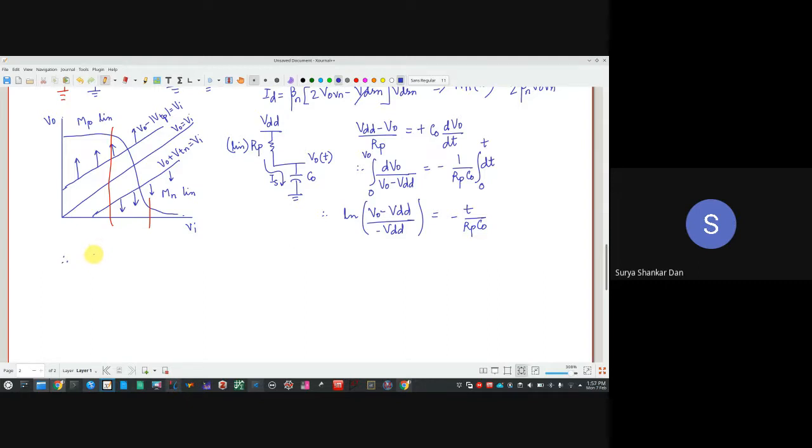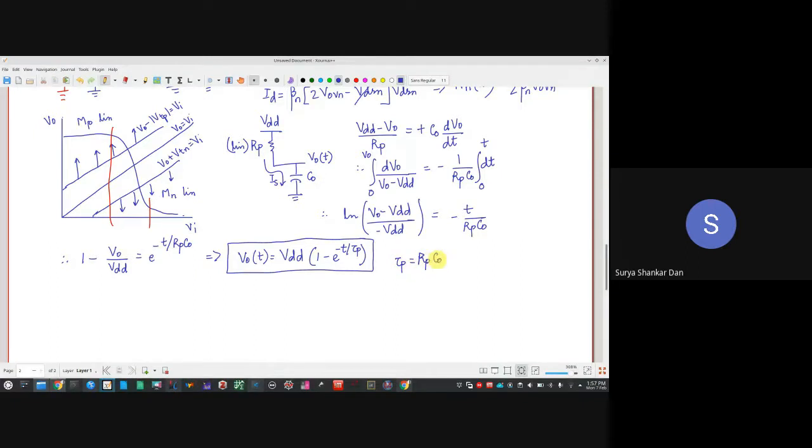Therefore, what do we get here? 1 minus VO by VDD is e to the power of minus t by RPCO. This RPCO is the tau. From here we will get VO(t), a very simple expression where tau p is equal to RPCO.